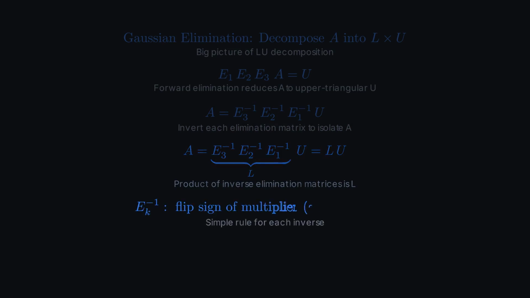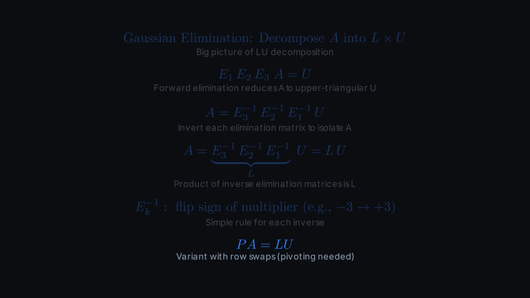Each elimination inverse is found by simply flipping one sign, the multiplier's sign. And each permutation inverse equals its transpose. Because every single step has a known inverse, we can unwind the entire process. When row swaps are needed, we use the variant PA equals LU, where P is a permutation matrix.